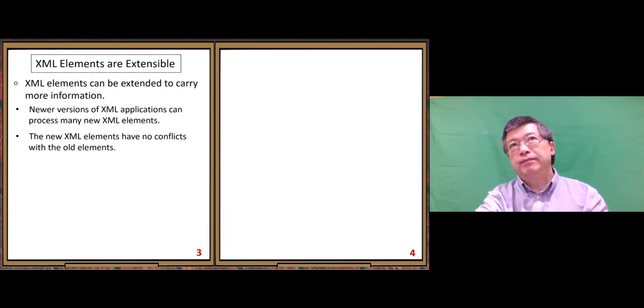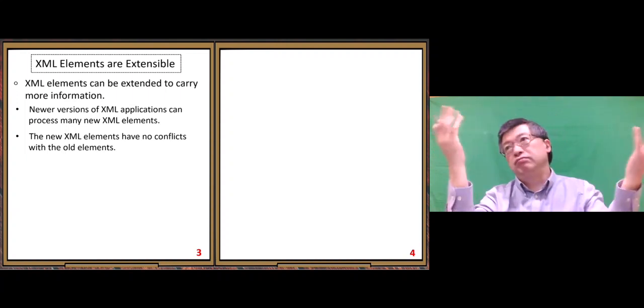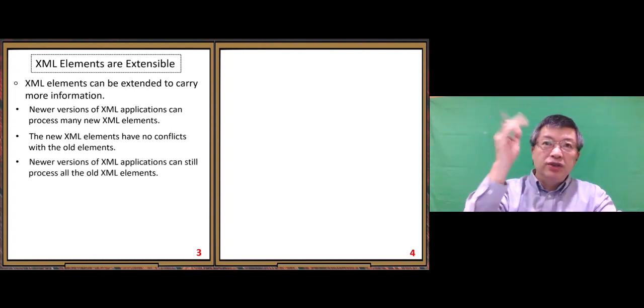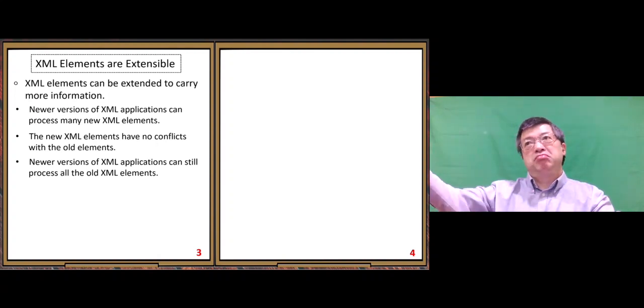Yeah. Because the tag name is different. If tag names are different, you won't get any problem. And then the newer version of XML applications can still process the documents using old XML elements.